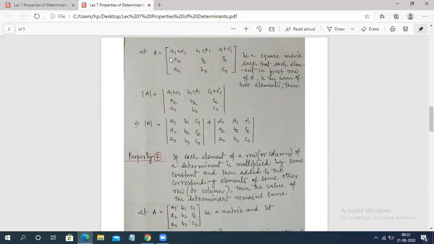That means if each entry of a row or column is the sum of more than one term, then the determinant value can be written as the sum of that many determinants. If it is the sum of two terms, it can be written as the sum of two determinants. If there is a sum of three terms, it can be written as the sum of three determinants.